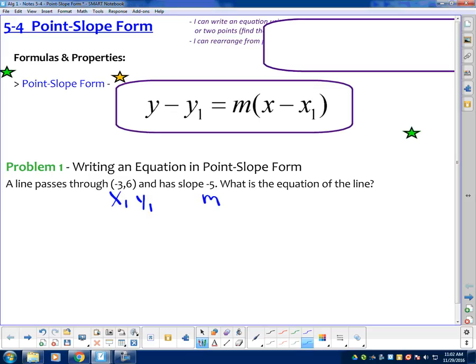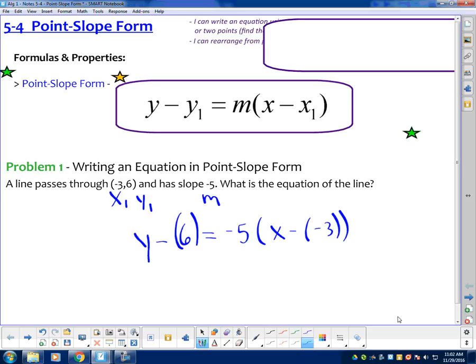Well, the equation of the line in point slope form is y minus, we're going to replace y1 with 6, equals negative 5, replace the m with negative 5, x minus negative 3. And I'm placing the negative 3 in parentheses. I should probably do that with the 6 as well, because I'm substituting them in.